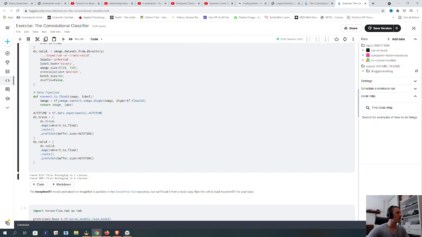The data pipeline converts to float. I'm not sure, I don't remember really well, if mini batch... I forgot the name of the thing.